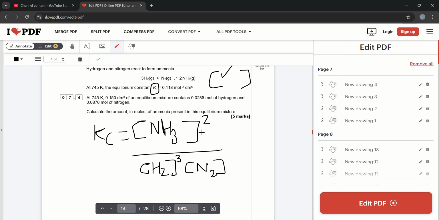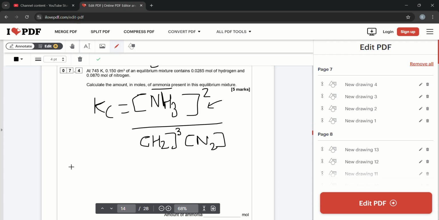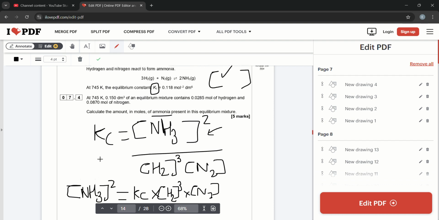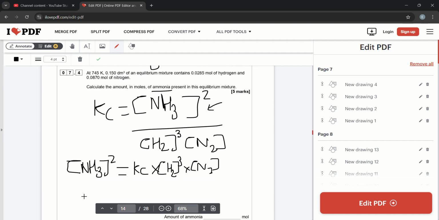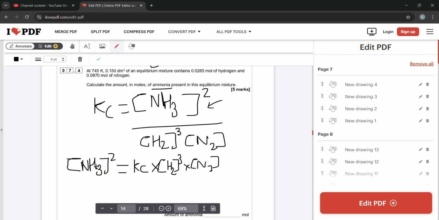We're trying to find out the moles of ammonia present, so we need to rearrange it to make ammonia the subject.